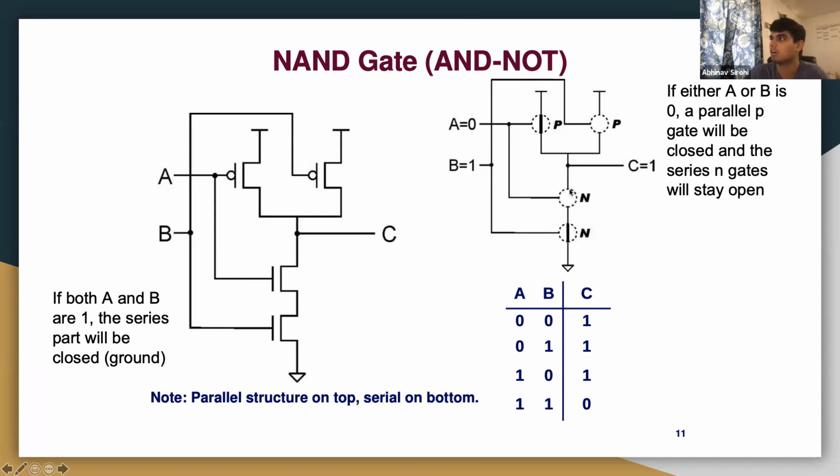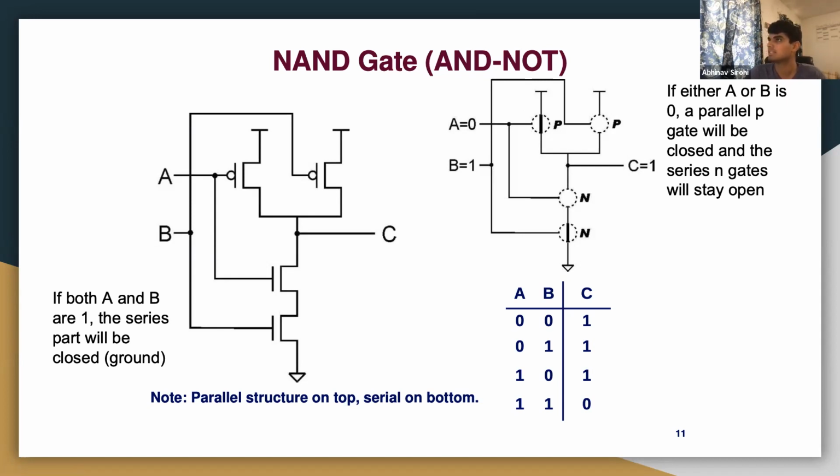And in all other cases, even if one of A and B is 0, this serial structure here won't be closed, but one of these parallel gates will be closed, and the positive voltage is allowed to reach the output. So this is how we can construct a NAND gate.